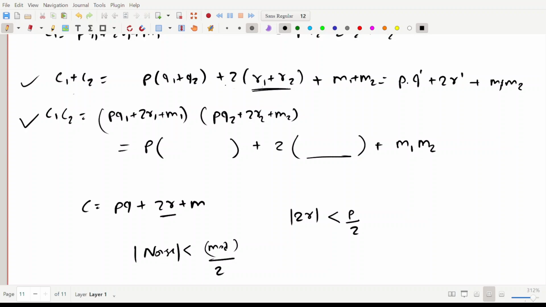So there may be a case where this noise crosses P by 2. Then the problem occurs. This homomorphic encryption scheme will work properly only if this noise part is less than P by 2. So this is the restriction I am having. Correct? That's why it is called somewhat homomorphic encryption.